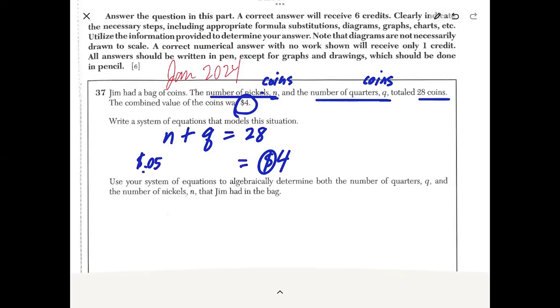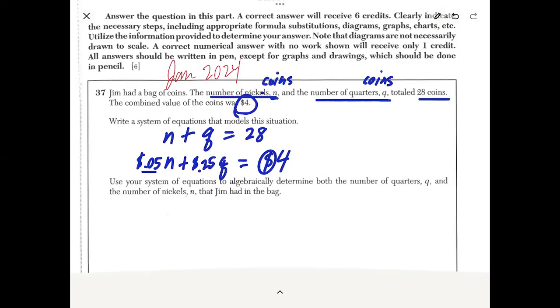So 0.05 times N plus, and how much is a quarter worth? It's 1/4 of a dollar, which we would normally write as 0.25 times Q. Now we've got our two equations.